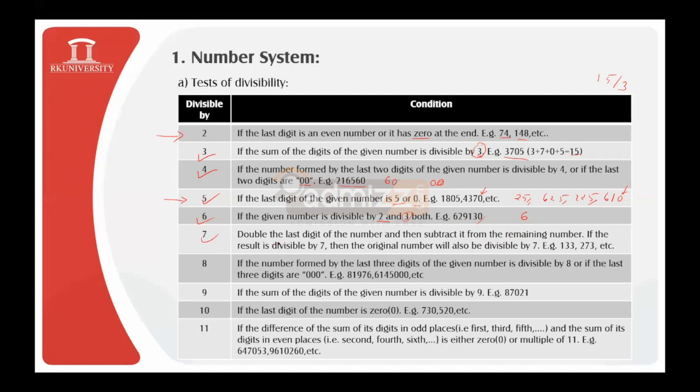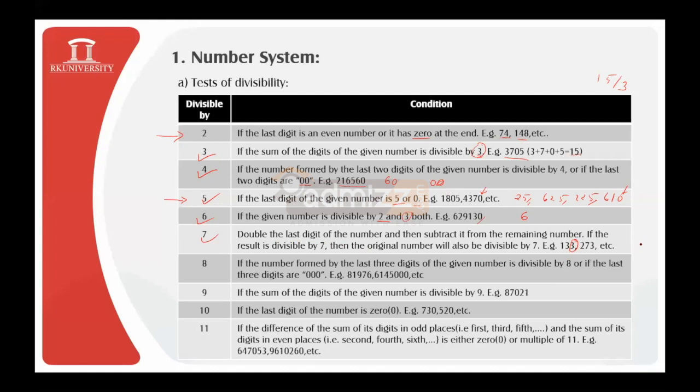Now 7. Take the last digit of the number, double it, then subtract it from the remaining number. If the result is divisible by 7, then the original number will also be divisible by 7. What is given? Double the last digit. The last digit is given 3.